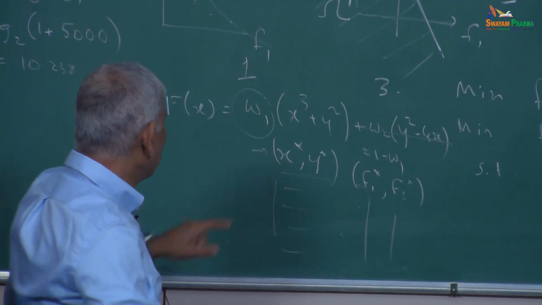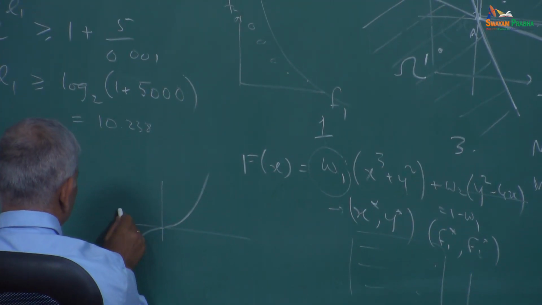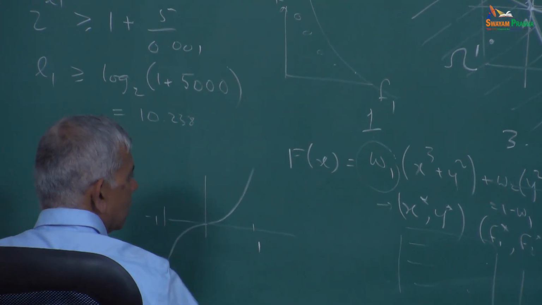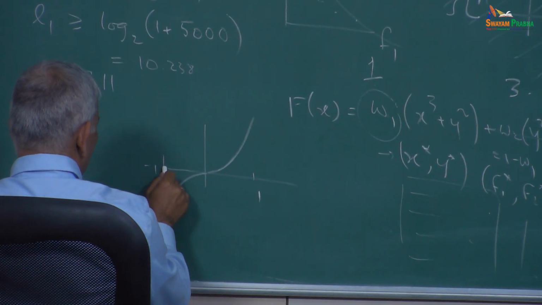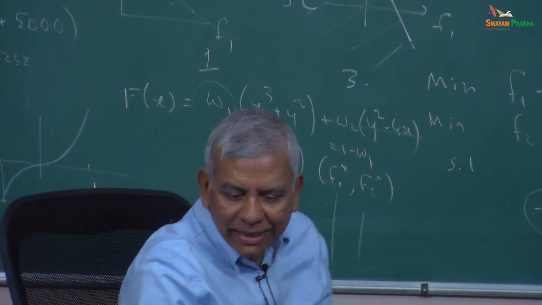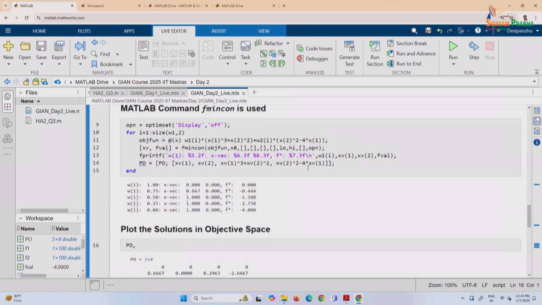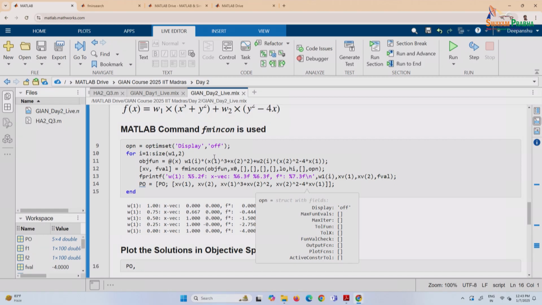And x1 now, x cube is like this, right? And you are going between -1 and 1. So when you minimize, it's going to go to -1. x1 should be -1. Why am I not getting it? It's giving me 0. Okay, there is something wrong. Yeah, xv1, xv2.